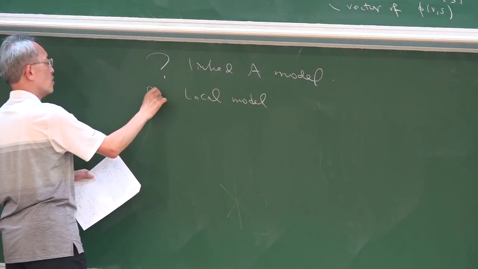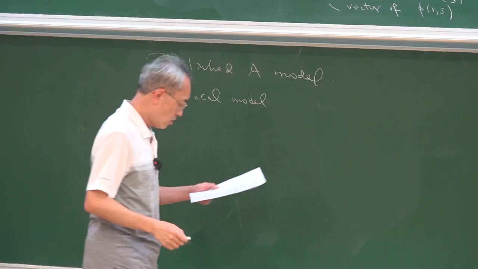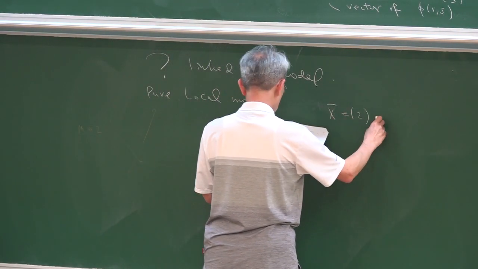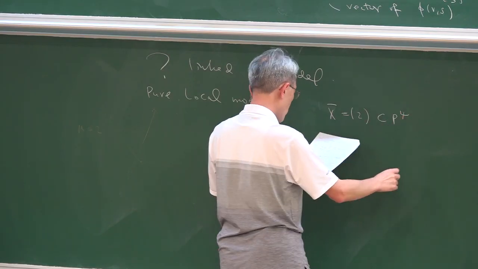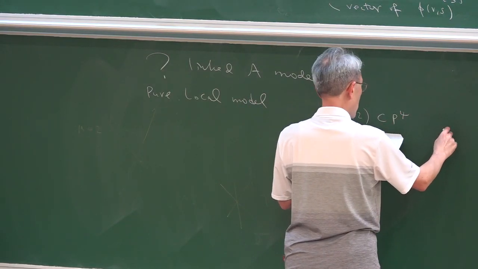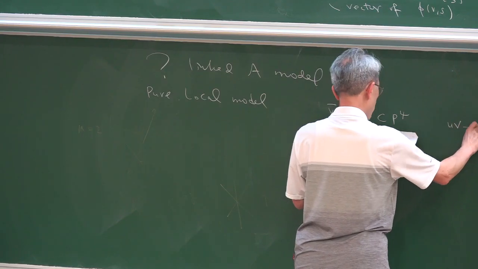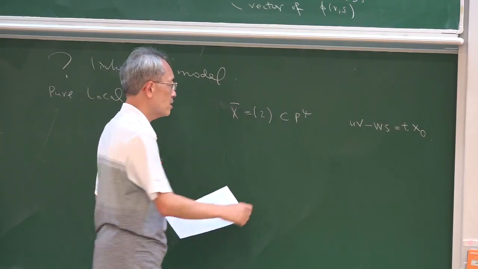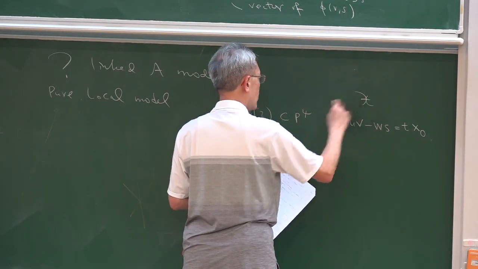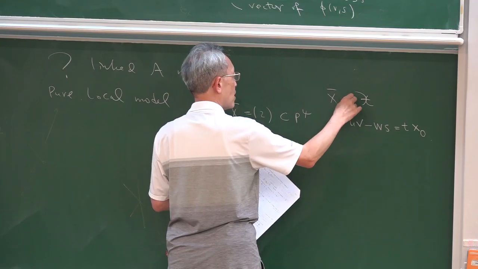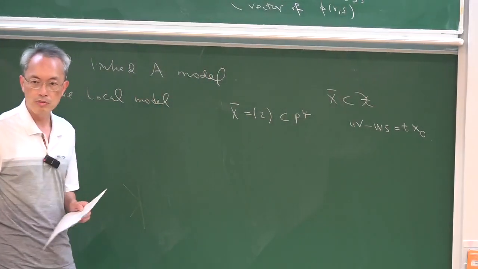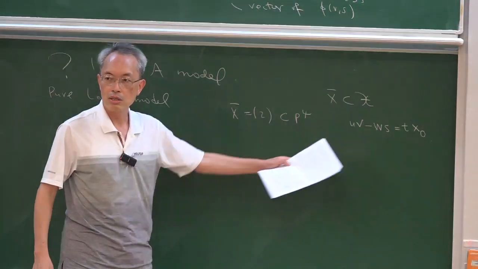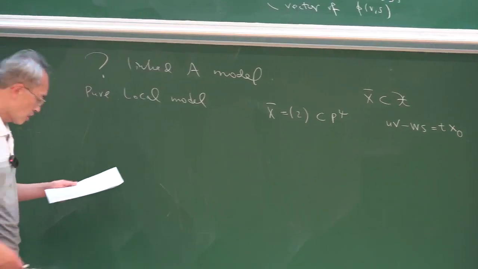Pure local model, which simply means you take your S bar, which is just a degree 2 hypersurface in P4, defined by UV minus WS equals T as U. So let's take this family. And this S bar is the case of T equals 0. That's a standard conifold degeneration.